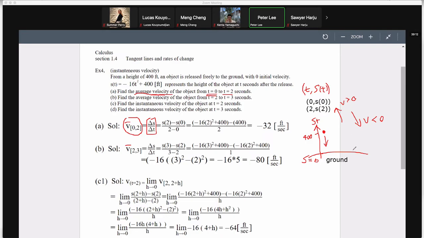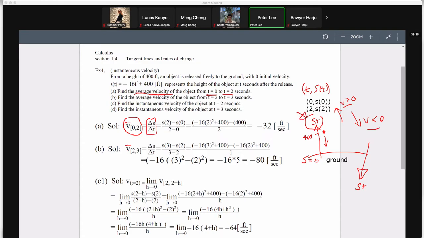Now in this case, that is because we decided this to be the s plus. But we can make the s-axis this way. If you make the s-axis this way, then of course the s plus axis is downward. In this case, going down means v is positive, and going up means v is negative. So whether it's positive or negative depends on how the axis is set up.